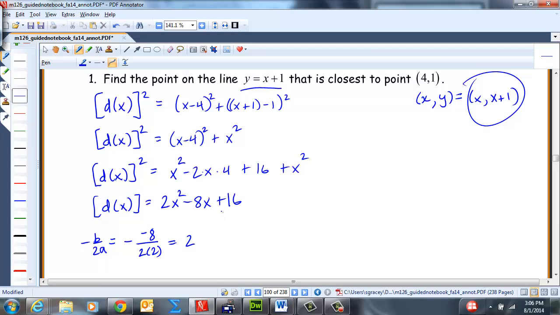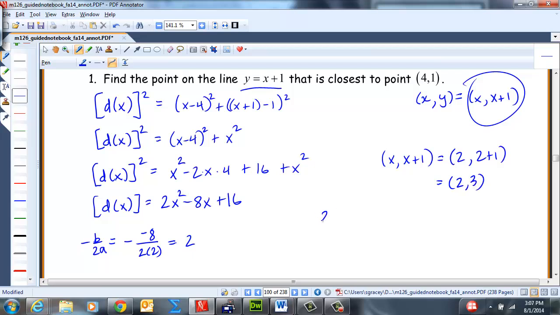So now plugging in positive 2 into the ordered pair (x, x plus 1), we found that x would be 2, and we'll get 2 plus 1. So that is equal to (2, 3).